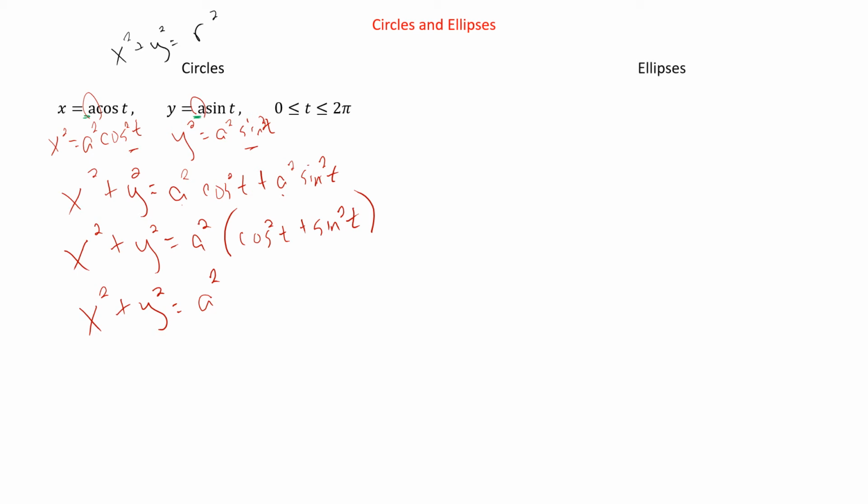How about ellipses? Ellipses are very similar to circles, except remember the radius is underneath. We have x squared over a squared plus y squared over b squared equals 1. All right, well, let's see what we have here. An ellipse, it'll be x equals a cosine t, y equals b sine t.